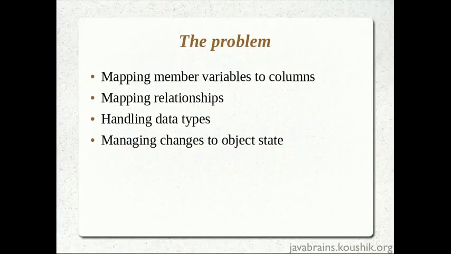So there is this huge gap between a relational way of doing things and the object-oriented way of doing things. So what usually happens is, since we cannot change the relational part of it, we have to save this in the database. It has to go to tables. The data has to end up as a relational set of data. So what usually happens is people tend to compromise on the object side of it.